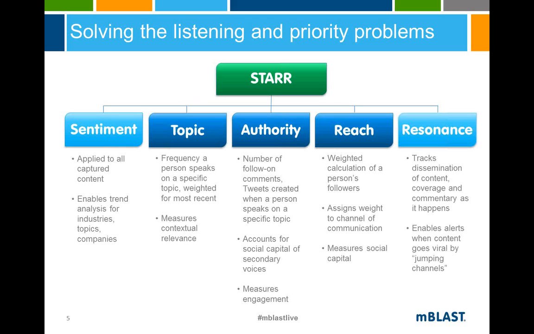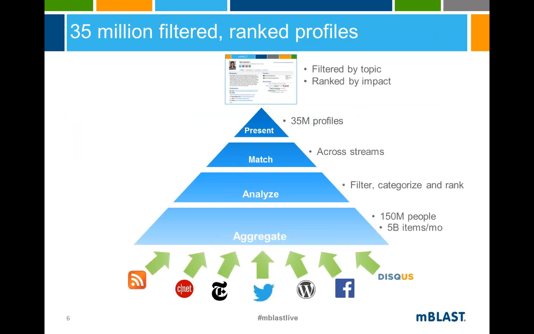And what we can help you do is identify those important second and third order nodes in that chain of dissemination. Again, in a situation like crisis communications, I'll talk about a real life example in a moment, help you identify the people who are most responsible for spreading that content. So that's something that's a little different from perhaps some of the other solutions you might be looking at. Next slide.